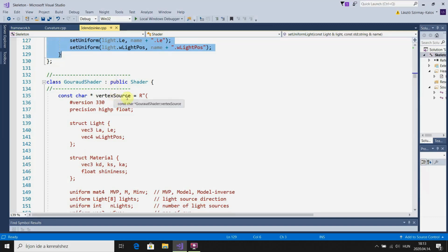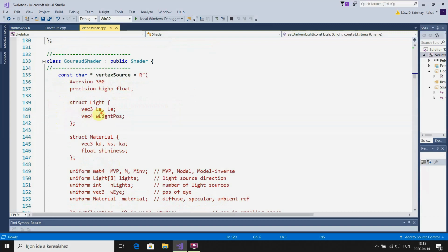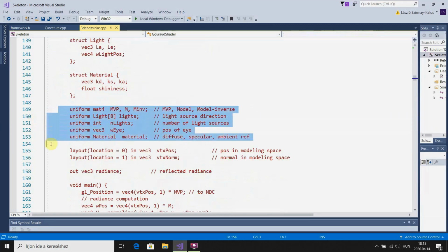So the vertex shader program looks like this. It gets uniform parameters describing the transformation matrices, material properties, and also the light sources. Transformation matrices include the model view projection transformation, the modeling transformation, and the inverse of the modeling transformation. We allow at most 8 light sources, and of course we have to specify how many light sources are active from the 8 available light sources.